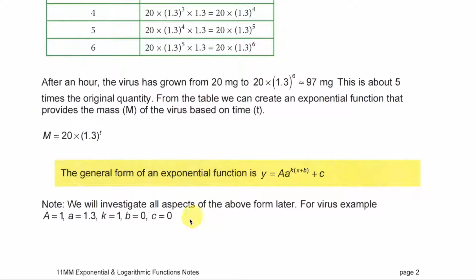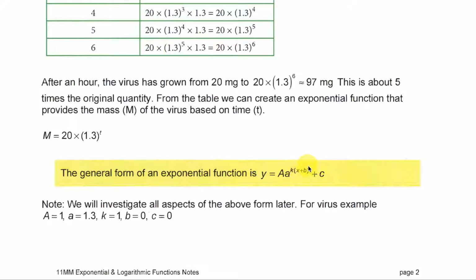The general rule for any exponential is this. And you would have seen this from Unit 1. But we've got the base a, and in our case that's the 1.3. We've got a dilation factor of capital A here. We've got a dilation factor here, or a multiplying factor as far as x is concerned, of k.